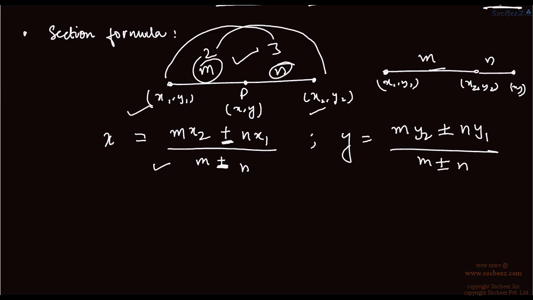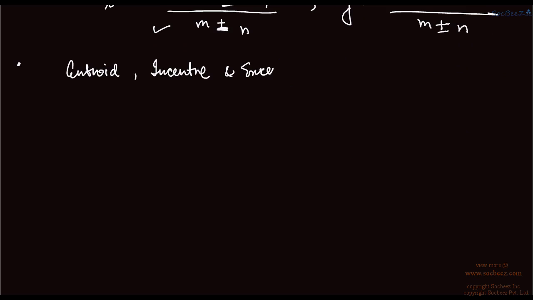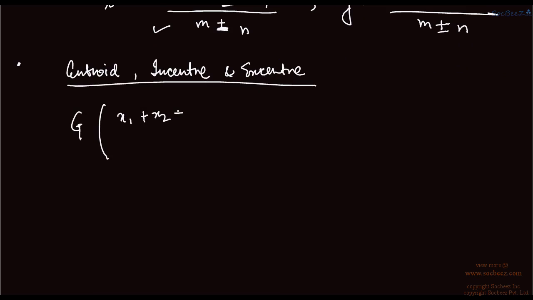Fine. Now the third one is the centroid formula. Centroid, incenter and excenter. So the centroid, which is denoted by G, is given as ((x1 plus x2 plus x3) by 3, (y1 plus y2 plus y3) by 3).